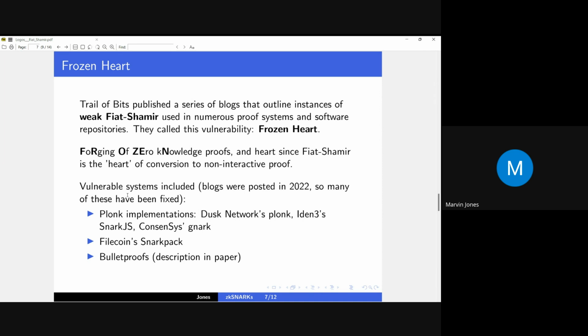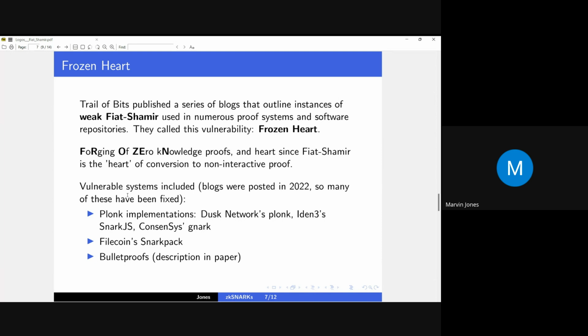And one of their conclusions is that this issue often occurs because when people wrote papers, they would present an interactive protocol in full detail and go, okay, well, we can make this non-interactive by applying Fiat-Shamir.